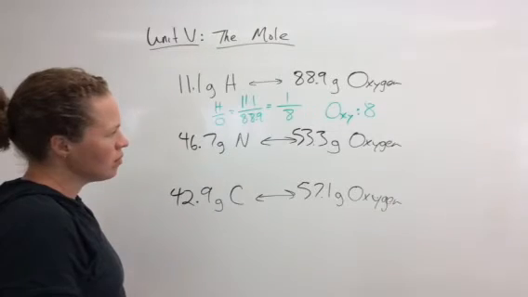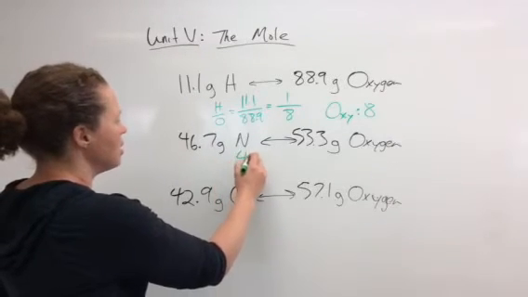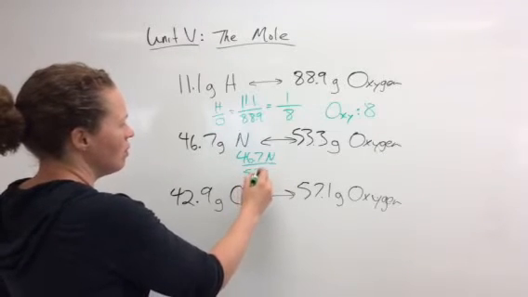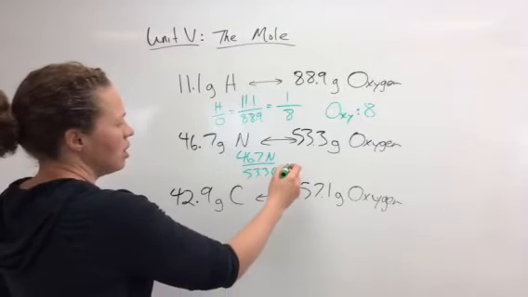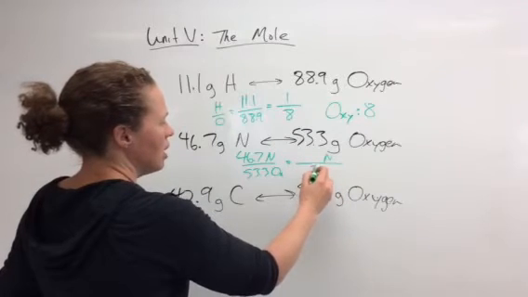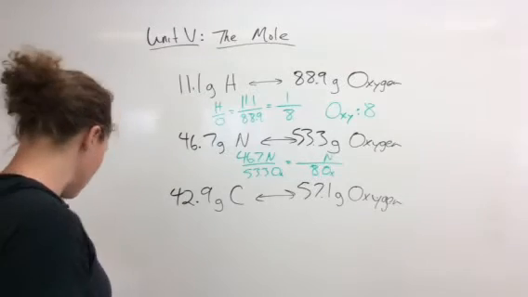So, looking at this one, I can go, okay, well, 46.7 nitrogen over 53.3 grams of oxygen is going to have to equal something of nitrogen over 8 grams of oxygen. So we're just setting up that comparison.